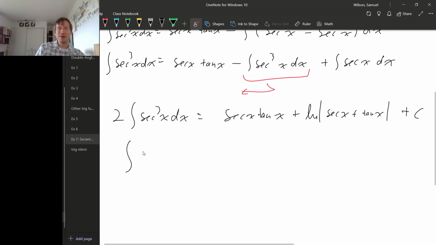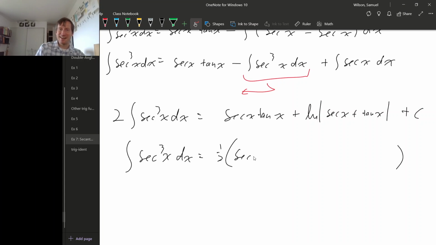So the integral we wanted, the integral of secant cubed x dx, is 1/2 times all this stuff, secant x tangent x plus natural log of secant x plus tangent x, plus a constant.